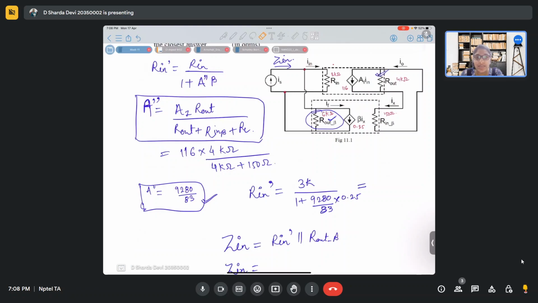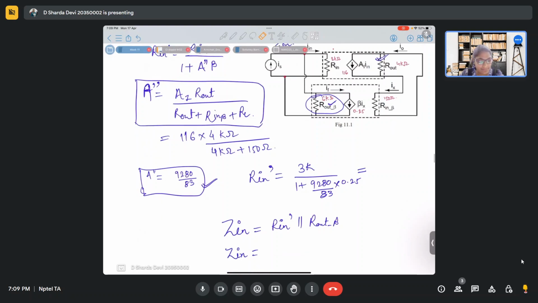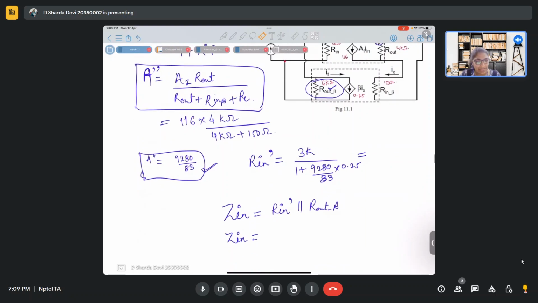Now, since we have these effects, the formula of gain will change, and respectively the formulas for the impedances will also change.